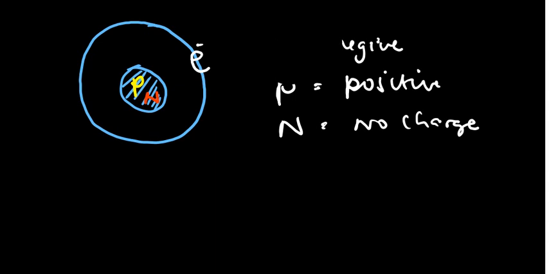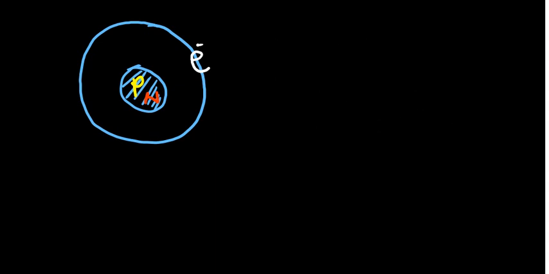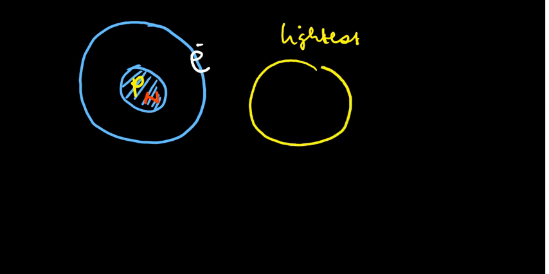And then the other thing that we're going to talk about is the function of the basic units of an atom. When we look at electrons, electrons are one of the lightest. They're very light, and they are found to be orbiting around the nucleus. To orbit means to encircle.